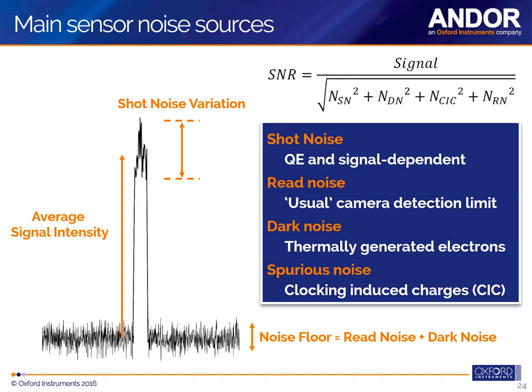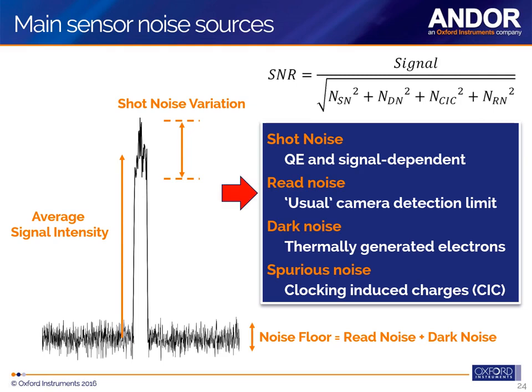That's why for scientific applications, sensors are cooled down to remove the contribution of this dark noise. Another type of noise that can be found on CCDs, CMOS, interline or EMCCDs is clock-induced charge. For CMOS and CCDs, these are quite negligible. So that's the sensor side of things.